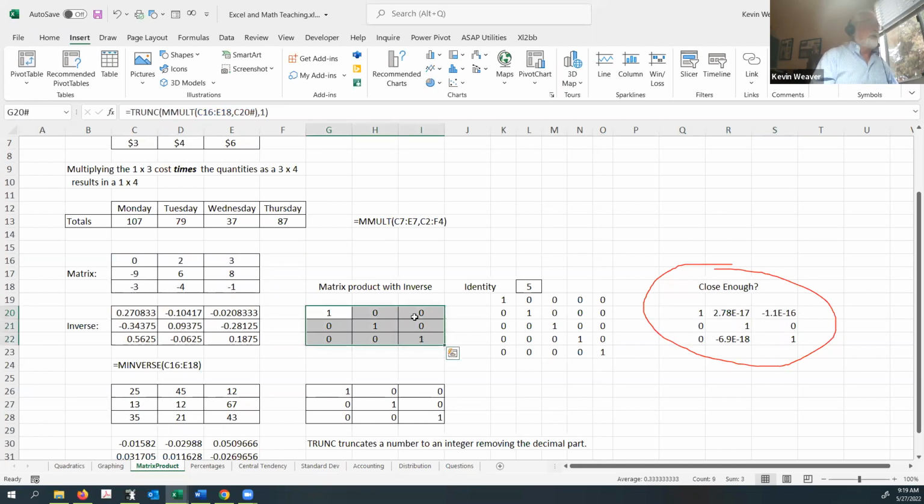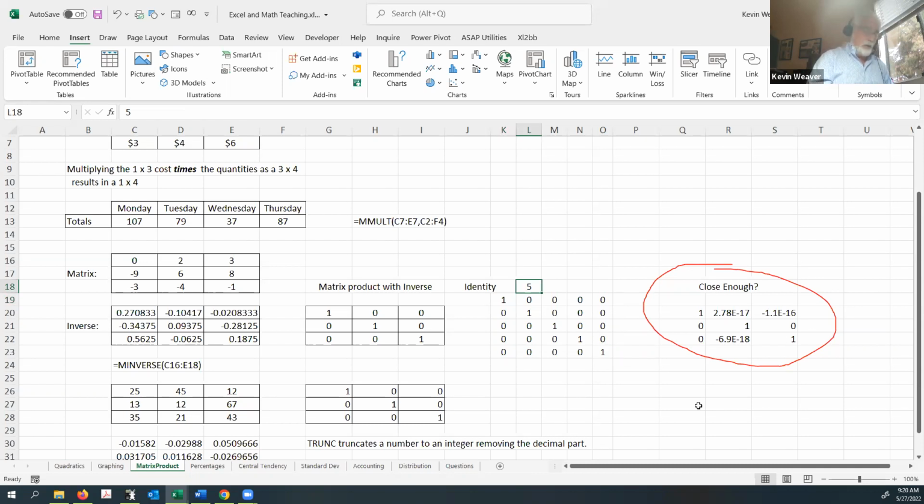and produced an identity matrix. As kind of a sidebar in teaching this, I point out that there's another function relating to matrix operations, and that's called M-unit. And this will generate an n by n identity matrix depending on n. In this case, I called it a 5. So it's a 5 by 5 identity matrix.